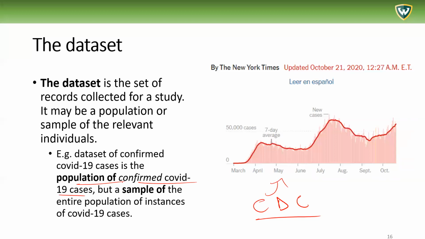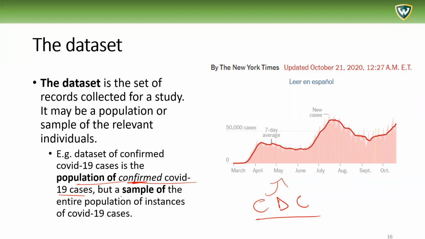Now, the confirmed COVID-19 cases, and I emphasize here, the confirmed COVID-19 cases, is naturally going to be only a sample of the population of all COVID-19 cases, because just by the nature of a pandemic or an infection like the coronavirus that causes COVID-19, not all cases are going to be confirmed, because people don't know or because people don't test and so on.